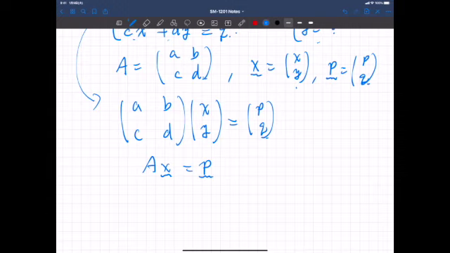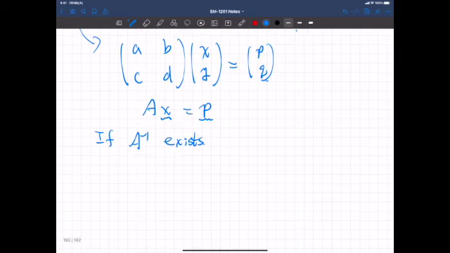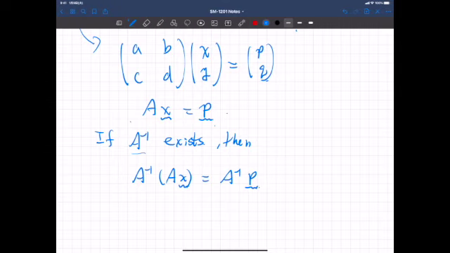So if A inverse exists, then we can solve this equation by multiplying both sides by A inverse from the left. So A inverse times Ax is equal to A inverse times p.